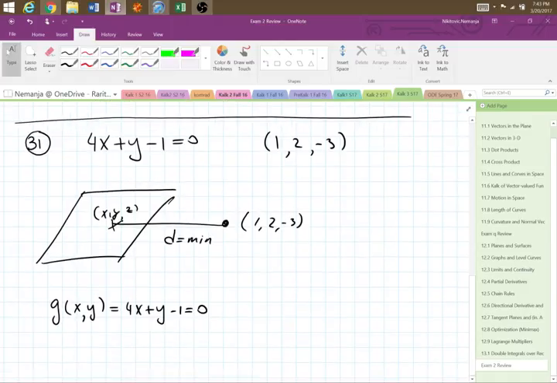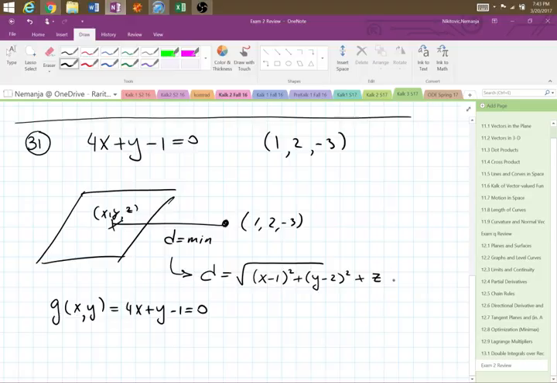Because we want distance to be minimum, distance formula is the square root of x minus 1 squared plus y minus 2 squared plus z plus 3 squared.